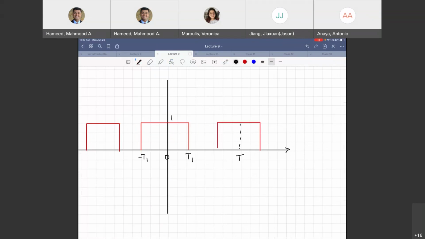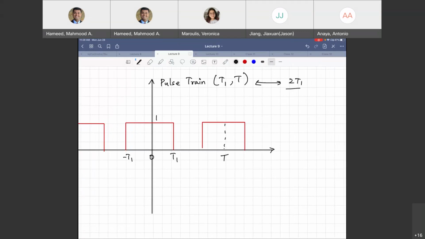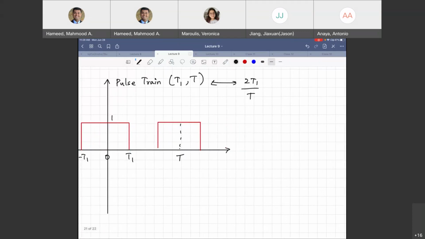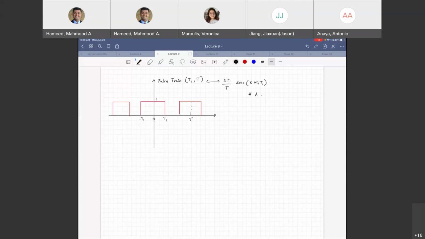That's our standard form. And if we call this the pulse train, p of t1 comma T, the Fourier series coefficients of that are 2 t1 divided by T sinc k omega naught t1 for all k, right? That's our standard form. So we're going to have to use that later on.